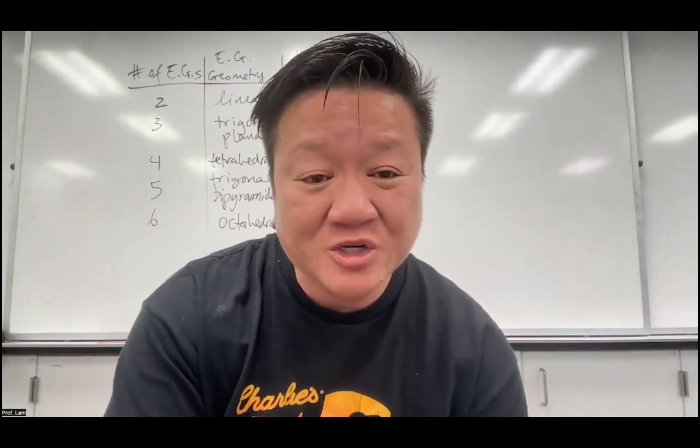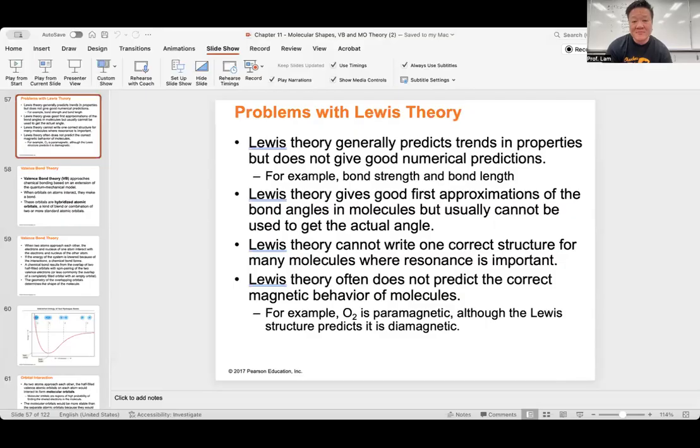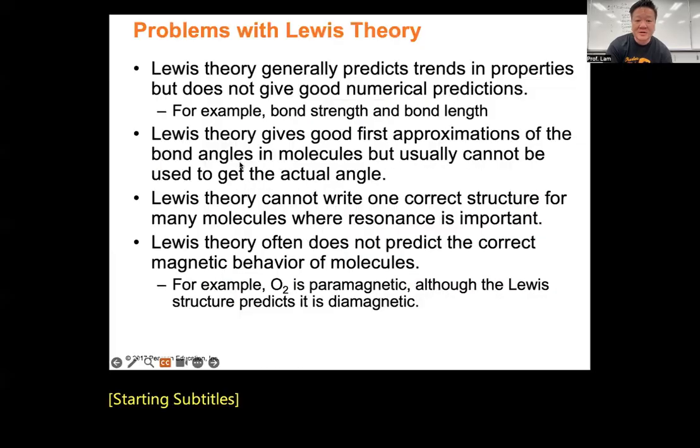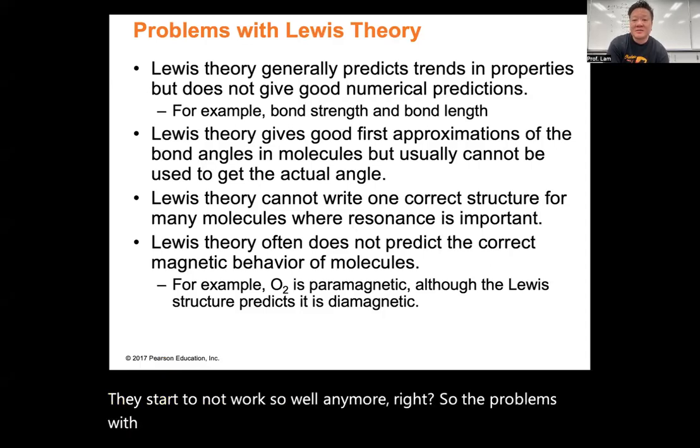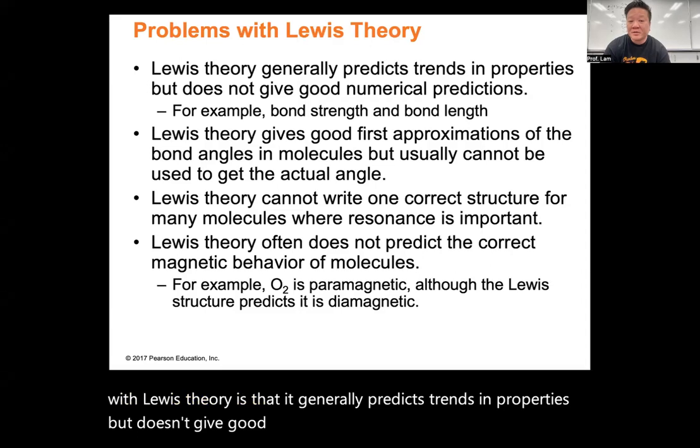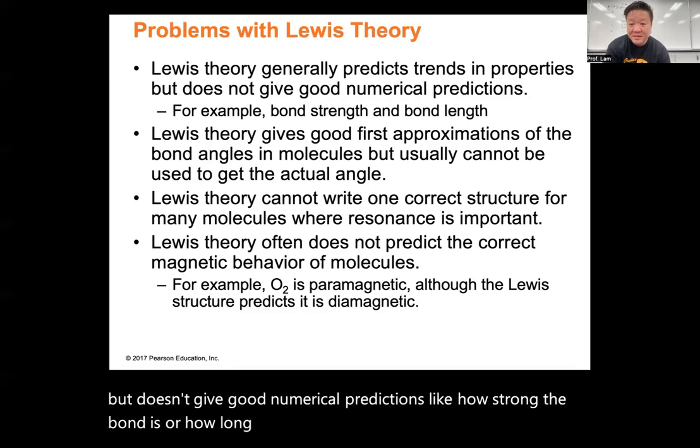And remember, I'd mentioned that these theories have boundaries of where they start to not work so well anymore, right? So the problems with Lewis theory is that it generally predicts trends in properties, but doesn't give good numerical predictions like how strong the bond is or how long it is.